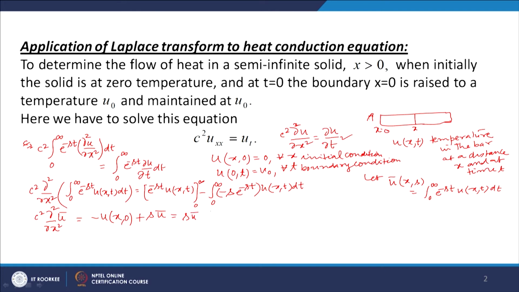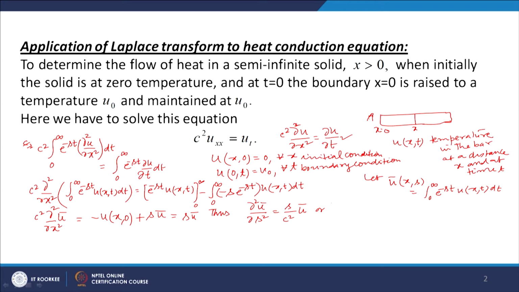Thus we have c square d square u bar by d x square equal to s u bar. This can be regarded as an ordinary differential equation of second order, where the variable is x and we are keeping s as constant.